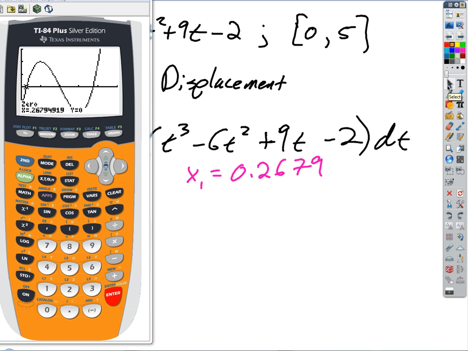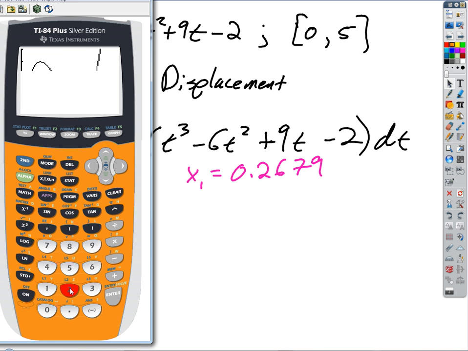Then we could do the same thing here. I could just go between like 1 and 2.5 and find that one. Let's do it real quick. So we get 2. That's kind of convenient that one of those is an integer.